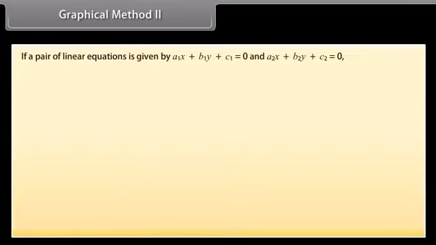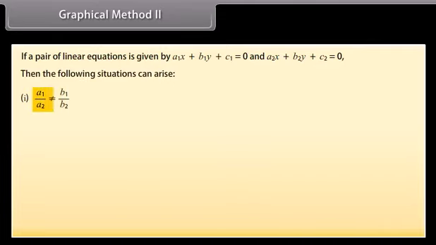Graphical Method II. If a pair of linear equations is given by a1x plus b1y plus c1 is equal to 0 and a2x plus b2y plus c2 is equal to 0, then the following situations can arise. 1. a1 upon a2 is not equal to b1 upon b2.